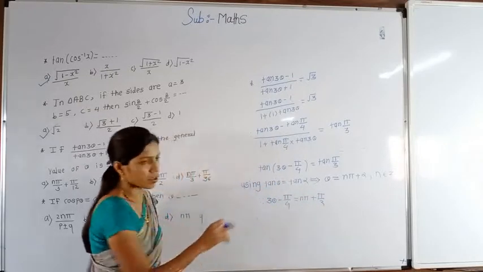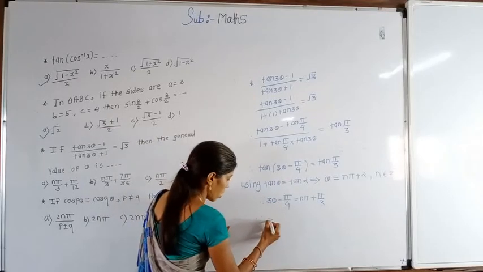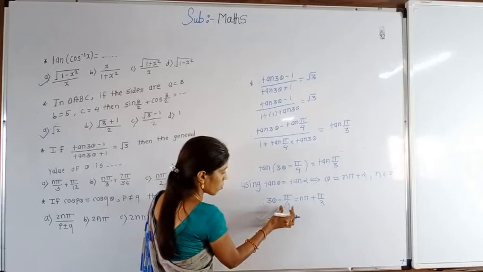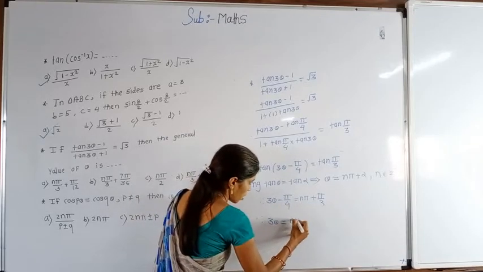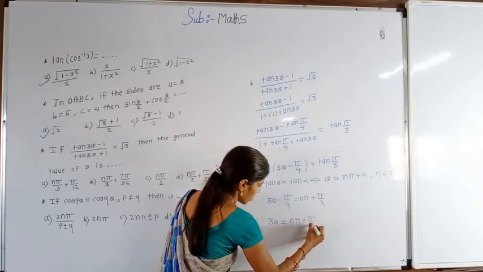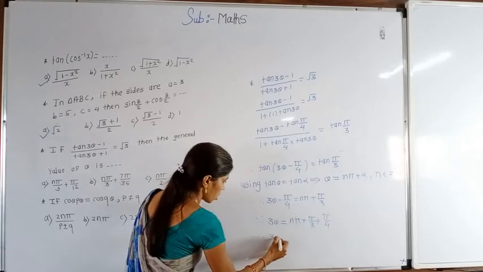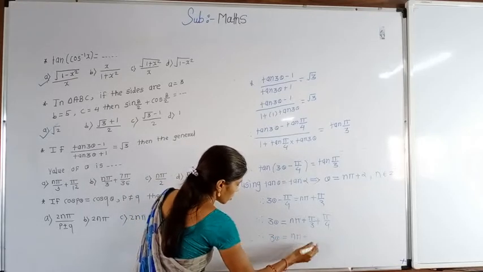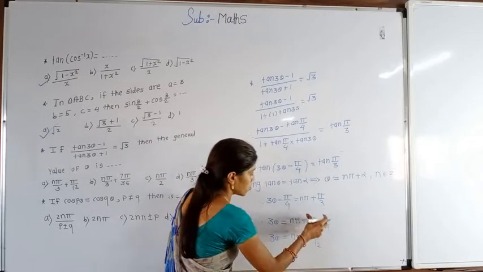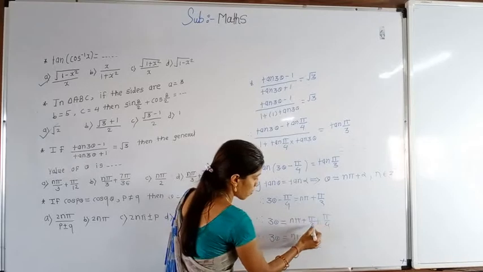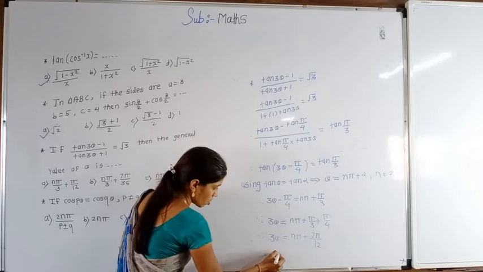So after solving this equation we have to find the value of theta. Take 3 theta as it is. First of all transform this term to the right hand side. We can write n pi plus pi by 3 plus pi by 4. Now 3 theta is equal to n pi, take a sum of these two terms. The LCM of both terms is 12, and taking a cross multiplication, 4 pi plus 3 pi, we can write 7 pi. Now find out the value of theta.